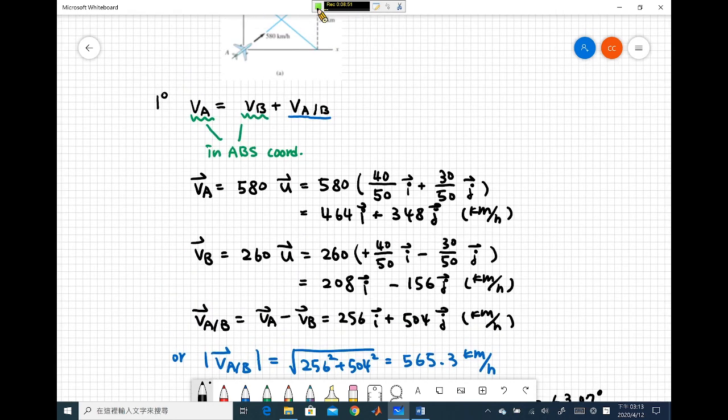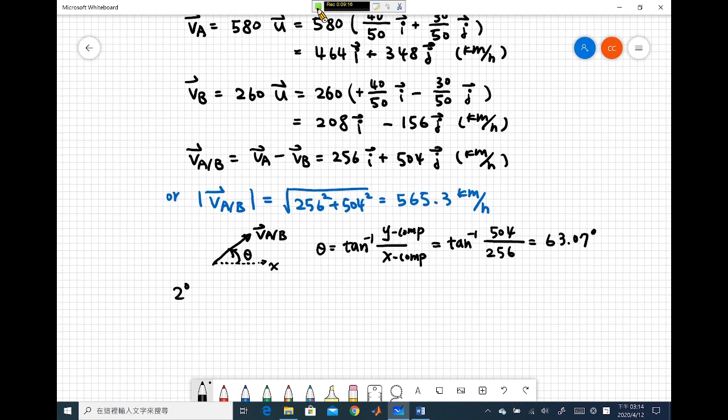Basically VA is constant, VB is also constant. So that means VA relative to B is also constant. So if we want to know the position vector, let's say SA relative to B, or you can use a position vector r to represent it, then basically we know VA relative to B is constant.